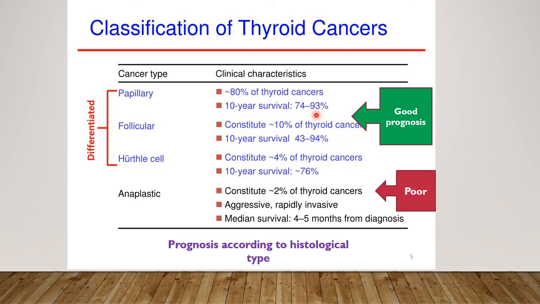In fact, nowadays there are people talking of a cure rate of 100%, not survival rate anymore. The follicular and Hurthle cell tumors are also not very far behind. Whereas the anaplastic tumor, the undifferentiated tumor, has a very poor prognosis. Okay, fortunately, it constitutes less than 1% of thyroid cancers. It is very aggressive, rapidly invasive, with a median survival of 4 to 5 months from the time of diagnosis.